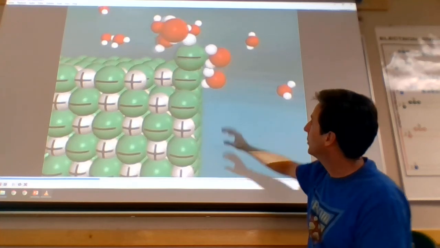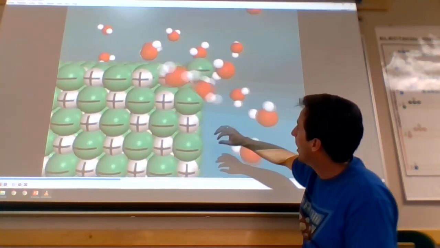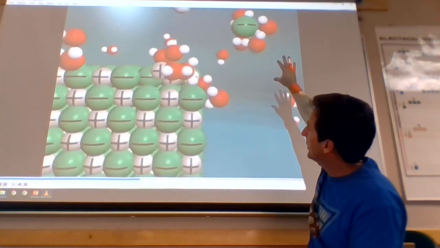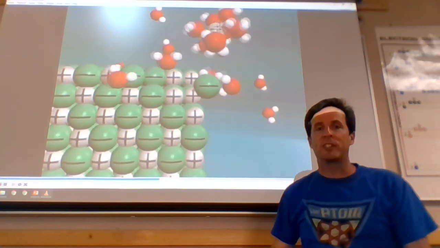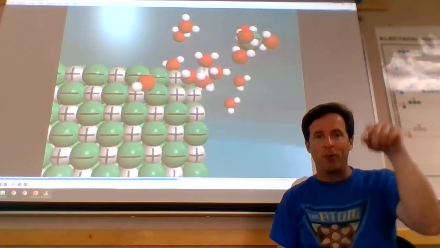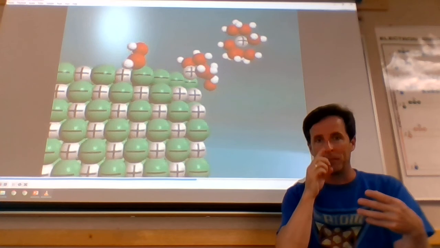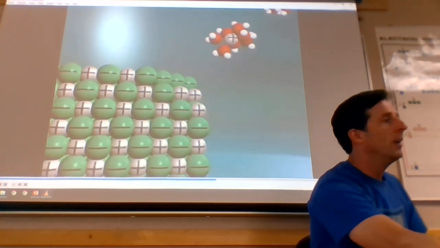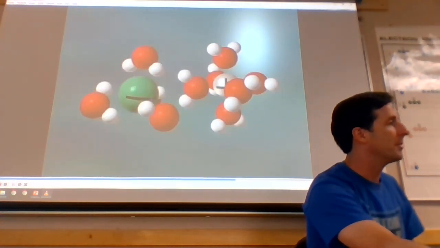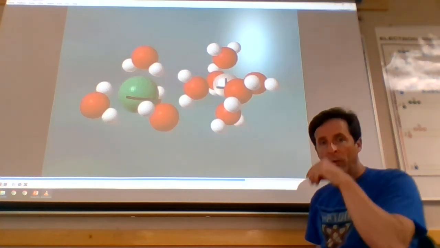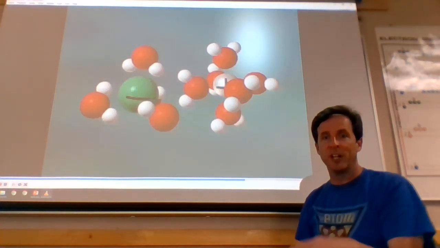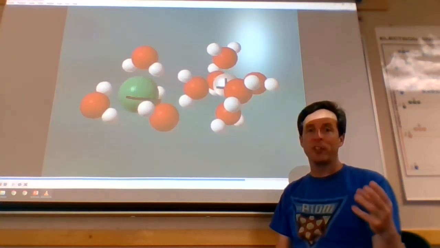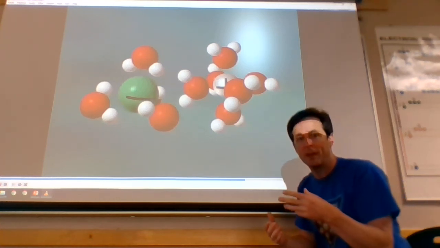So some water molecules will pull out a chloride, another set of water molecules will pull out sodium, and the water molecules surround the ions to stabilize them. Okay? Now, as we go further into chemistry, when we get to Lewis dot structures and so on, the water molecules surround the ions in a very specific way.